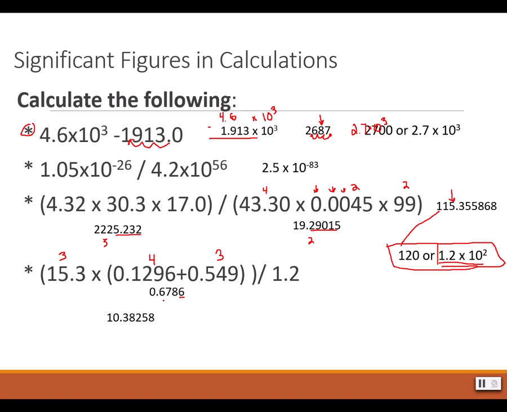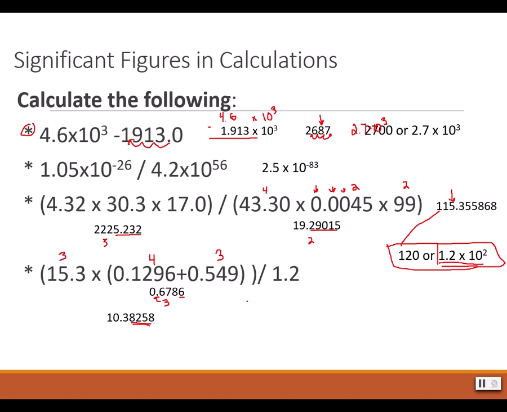We said this has a total number of 3 sig figs. So my final answer, at least with just the parentheses part, has 3 sig figs. So that 8258, I'm not going to drop it just yet. I round at the end, but I need to remind myself, oh, those are not significant. Just the 10.3 is.